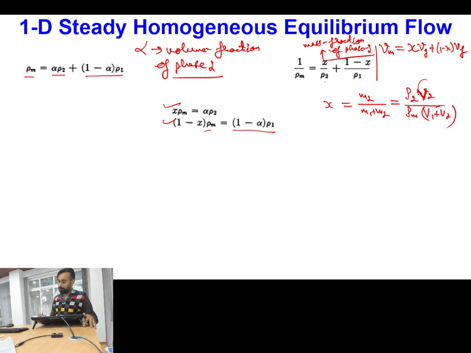Now V2 by V1 plus V2 becomes alpha. So you can take this rho m to the left hand side, and x into rho m becomes alpha times rho 2.